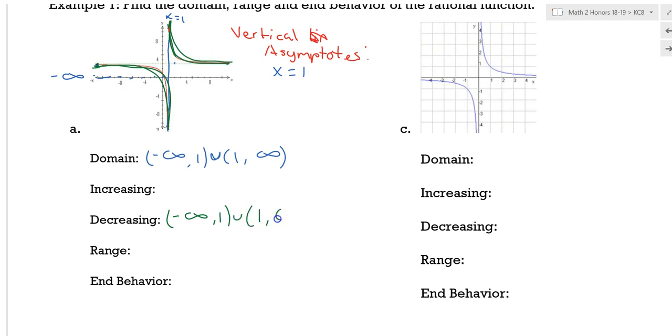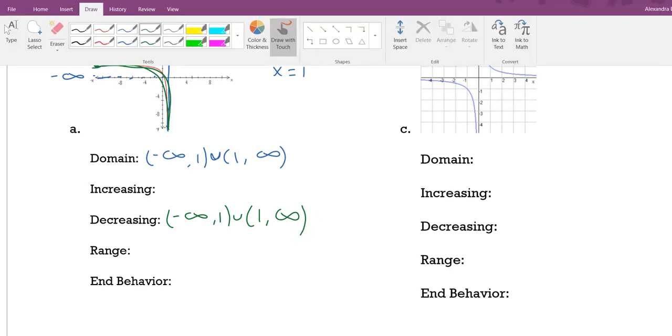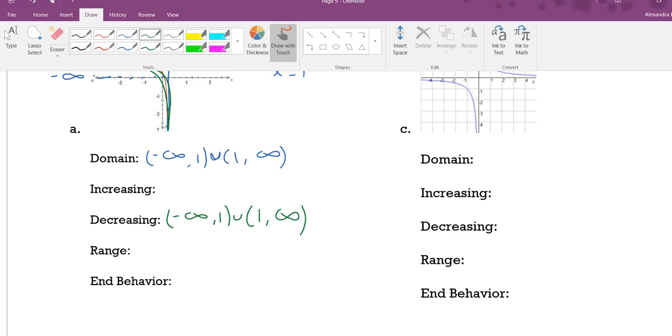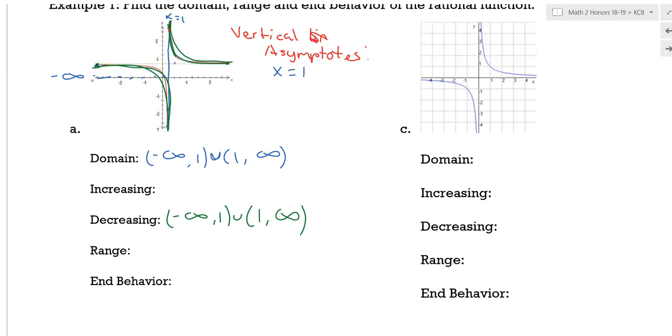Union 1 to infinity. So then with our increasing, is it? We put that symbol, it means empty set. There is no increasing portion of this graph.